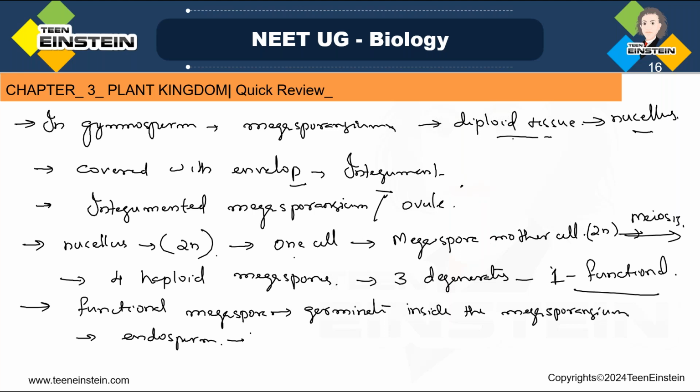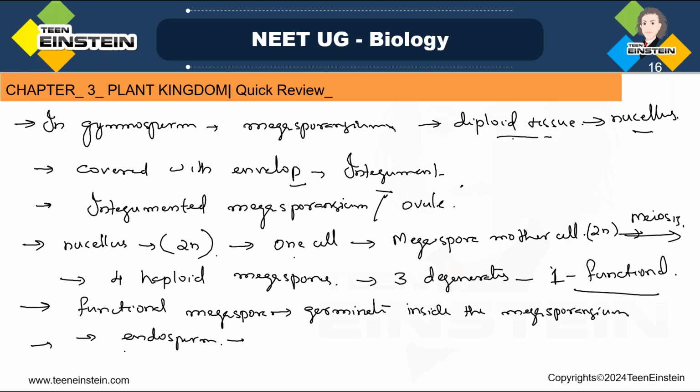In bryophytes and pteridophytes, male gametophyte and female gametophyte have an independent, free living existence. In gymnosperms and angiosperms, male and female gametophytes do not have a free living existence, right? They remain within the sporangia and are retained on the sporophyte. Clear?